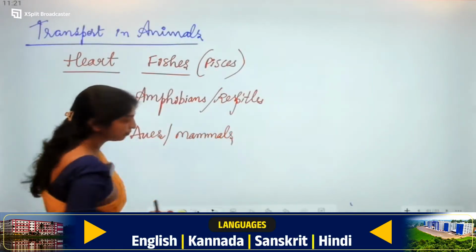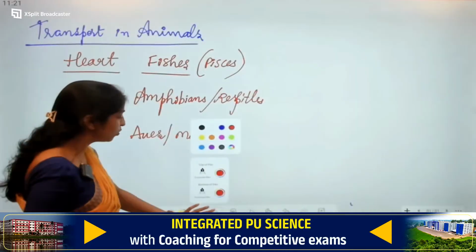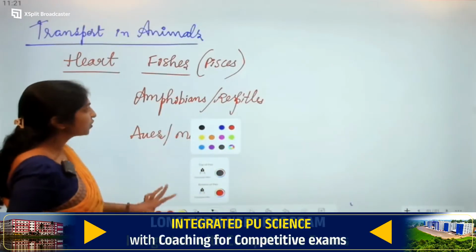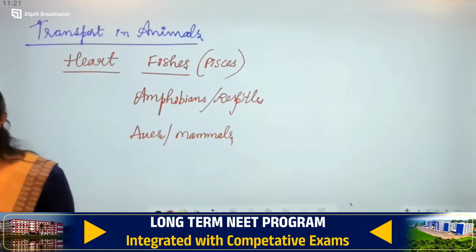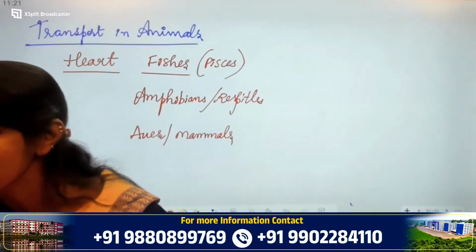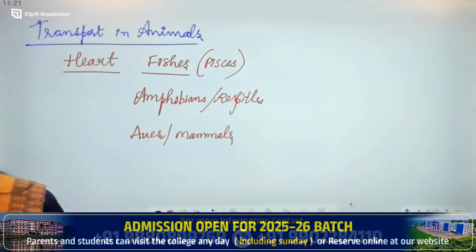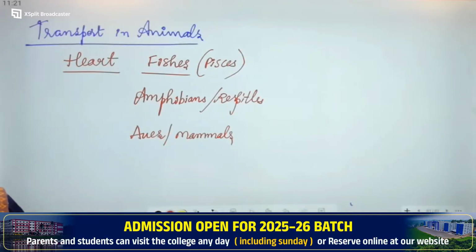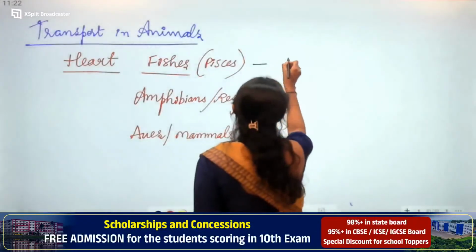Am I right? Now, how many chambered heart do fishes have? Shreya B has answered 2 chambered, Yogesh has answered 2, very good. Yashwanti has answered 2, yes, correct. They have a 2 chambered heart.